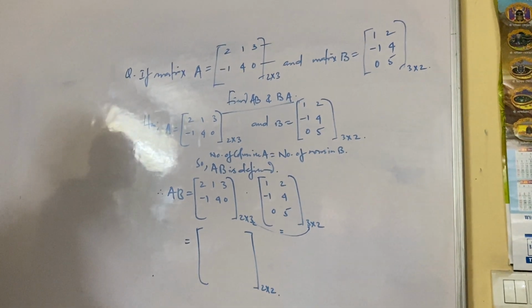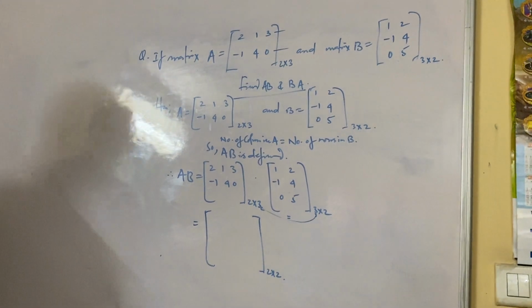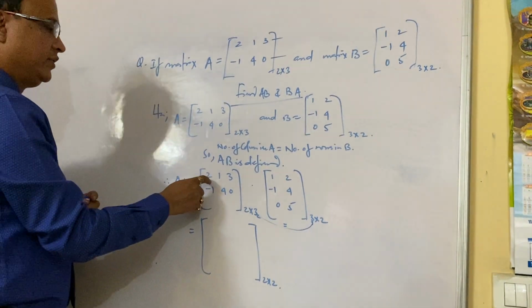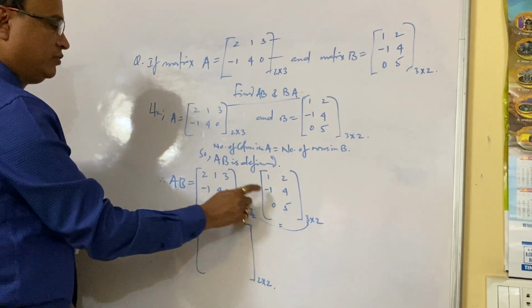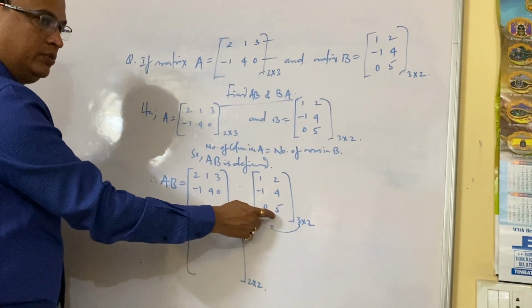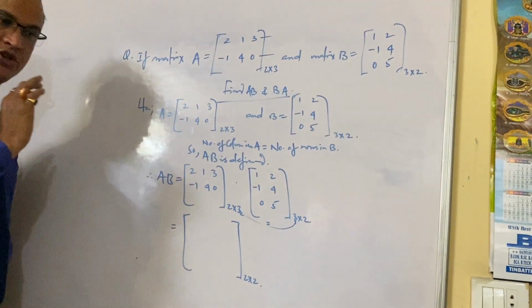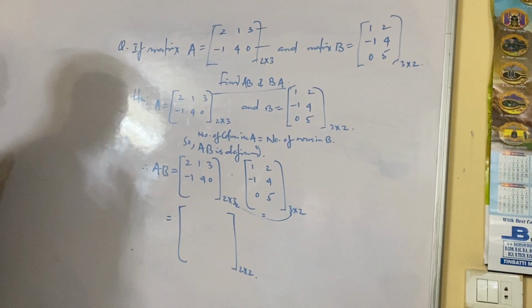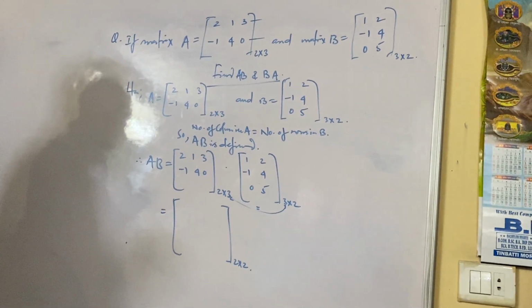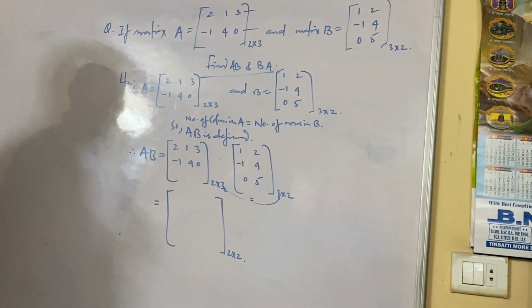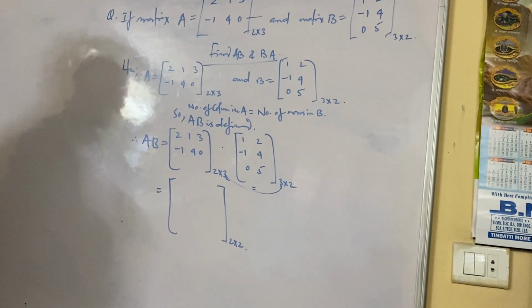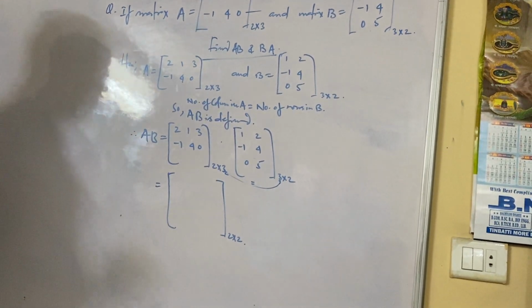Now the question is how to multiply. The simple rule is that first you multiply the first row with the first column, then the first row with the second column. Start with the first row and multiply with all the columns of the second matrix. You can go column wise also, it depends on you. Whether you multiply row wise or column wise is immaterial.